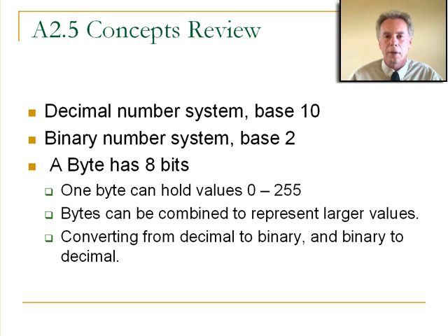Let's review the concepts from this appendix. We have the decimal number system that we've been using all of our lives, and this is base 10. Now we have the introduction of the binary number system, or base 2, and this is the number system used by computers to store information. We have a collection of 8 bits representing 1 byte, and this is for historical reasons.